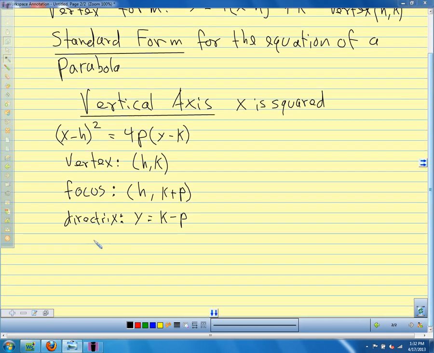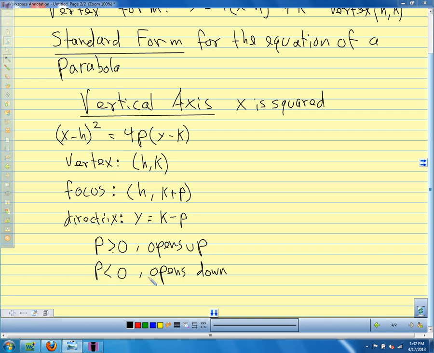If p is greater than 0, so p is positive, everything's positive, and our parabola opens up. If p is negative, p is less than 0, our parabola opens down.